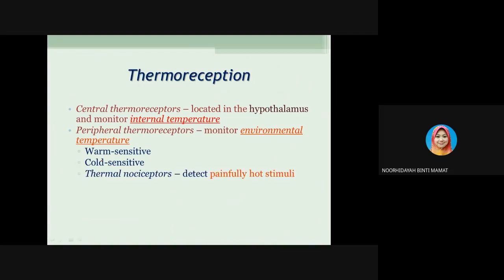And we have thermonociceptors, which function in the detection of painfully hot stimuli. We also have the thermo-TRPs, which are the ion channel proteins involved in the process of thermoreception.